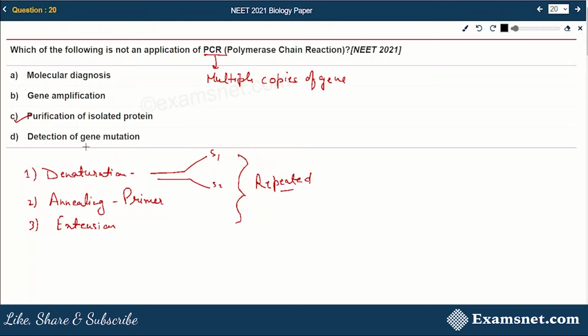Now, if these steps are repeated many times, then multiple copies of genes can be produced. Now, what are the applications of PCR? First of all, we amplify a gene so that it can easily be detected. So, gene amplification is one of the applications of PCR. Now, why do we amplify a gene?